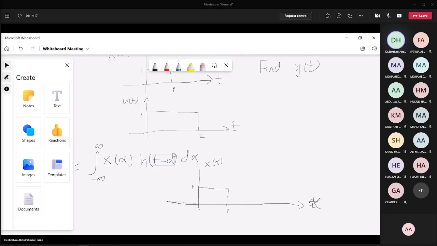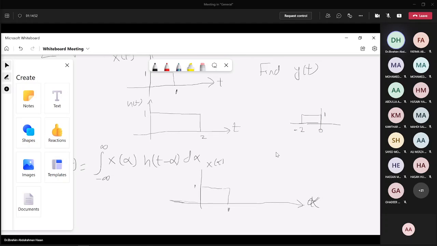First, as we said, change t to alpha, so the variable becomes alpha. Then flip it. If you flip it, it becomes like this. This will be at 0, this will be at minus 2, and this is 1. Then shift it by t, so we take it a bit to the left, to t.